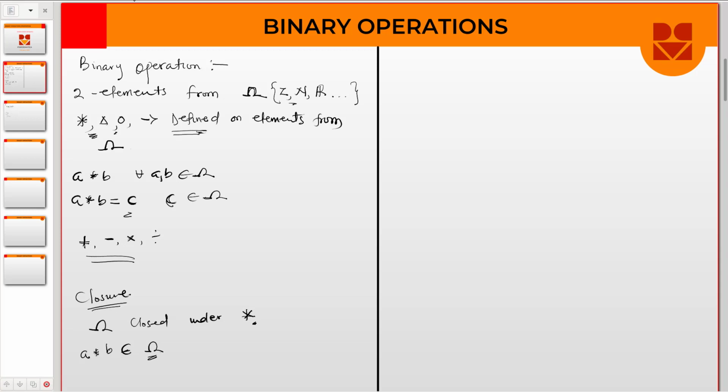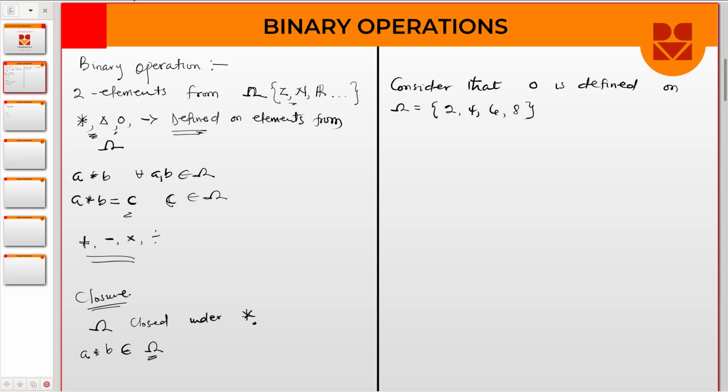So for instance, consider that this operation is defined on this set. Here our omega is 2, 4, 6, 8.